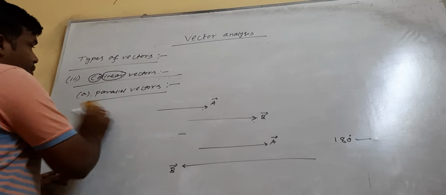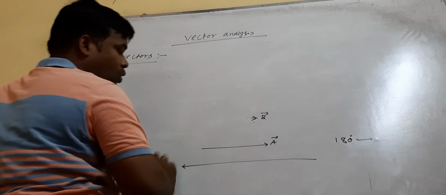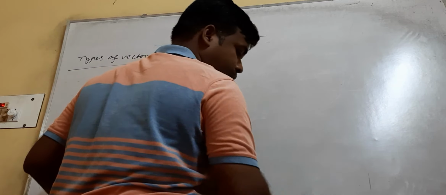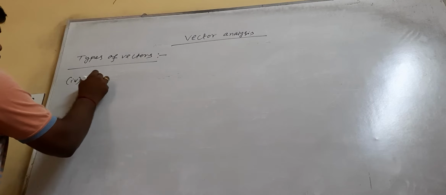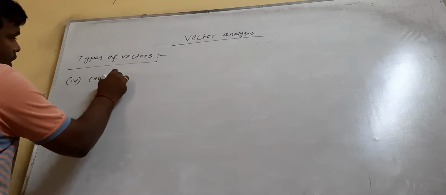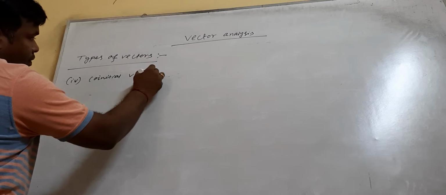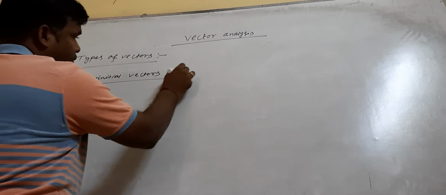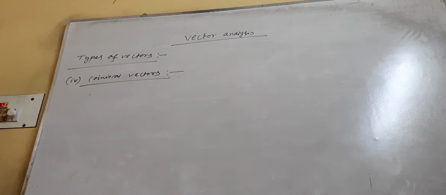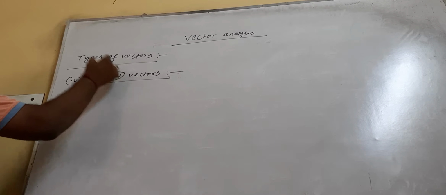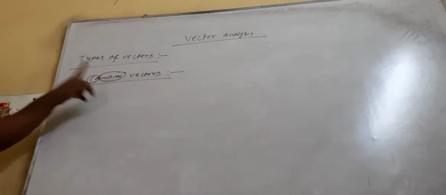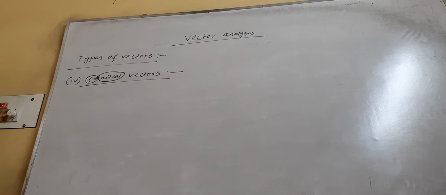Now come to co-initial vectors. It consists of two words: co for common, and initial, meaning starting.